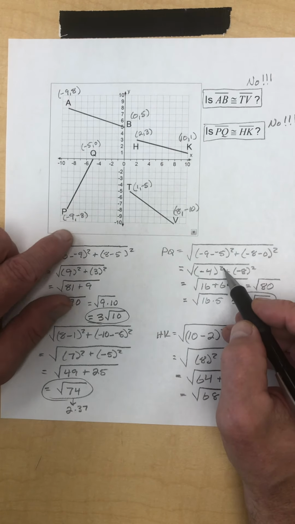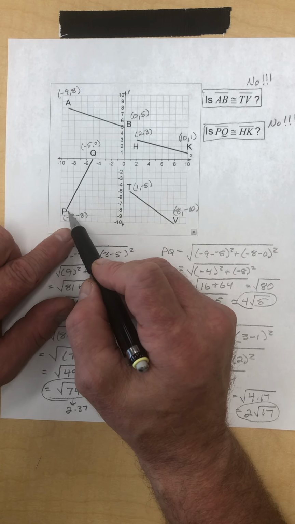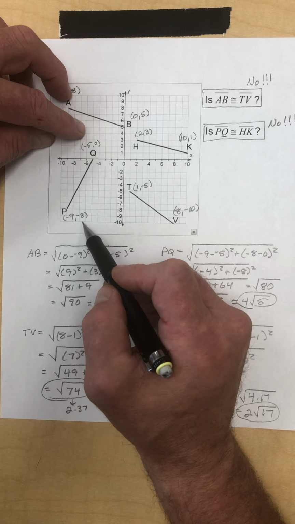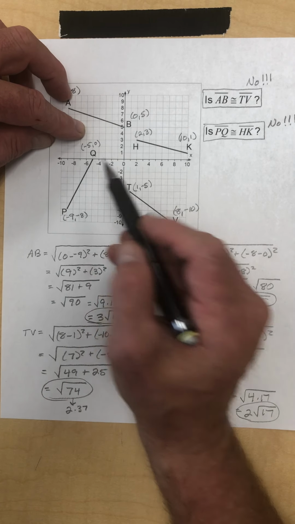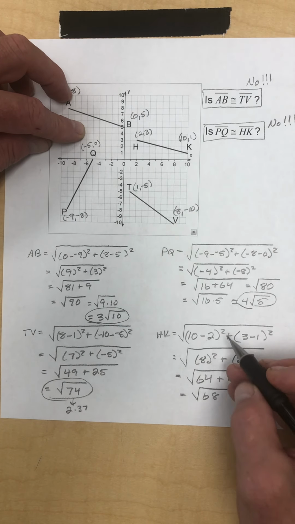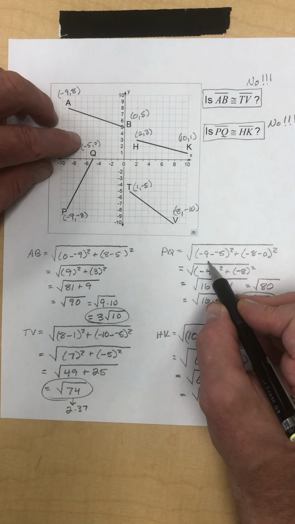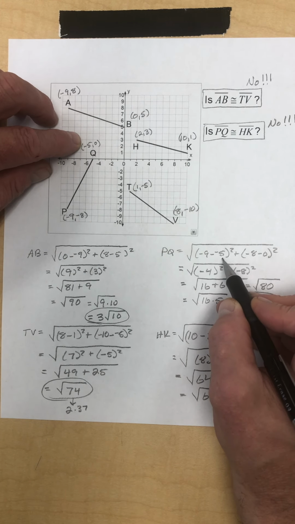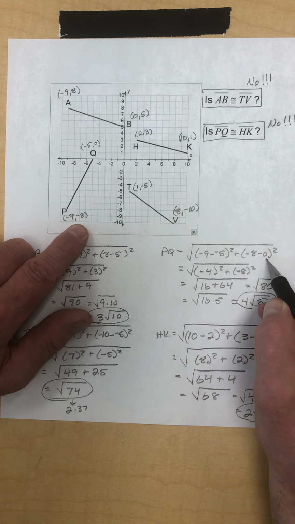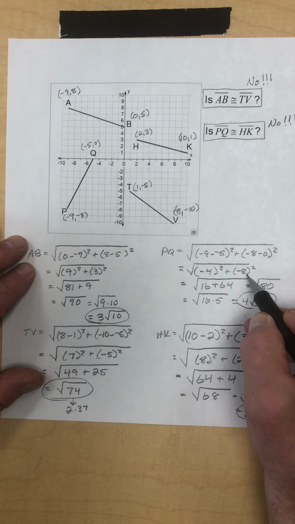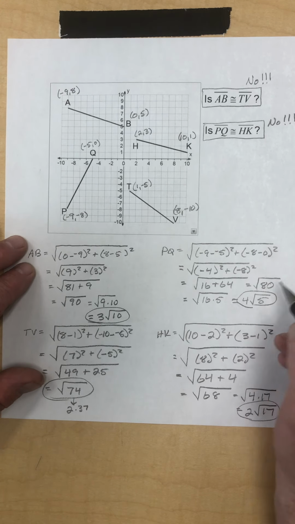Let's look at PQ. P looks like it's at -9 and -8. Q looks like it's at -5, 0. If I subtract the x coordinates, it'd be -9 minus a -5, that'd be -4. That's 16. And subtract the y coordinates, -8 minus 0, that'd be -8. That's 64. Yeah, we're good.